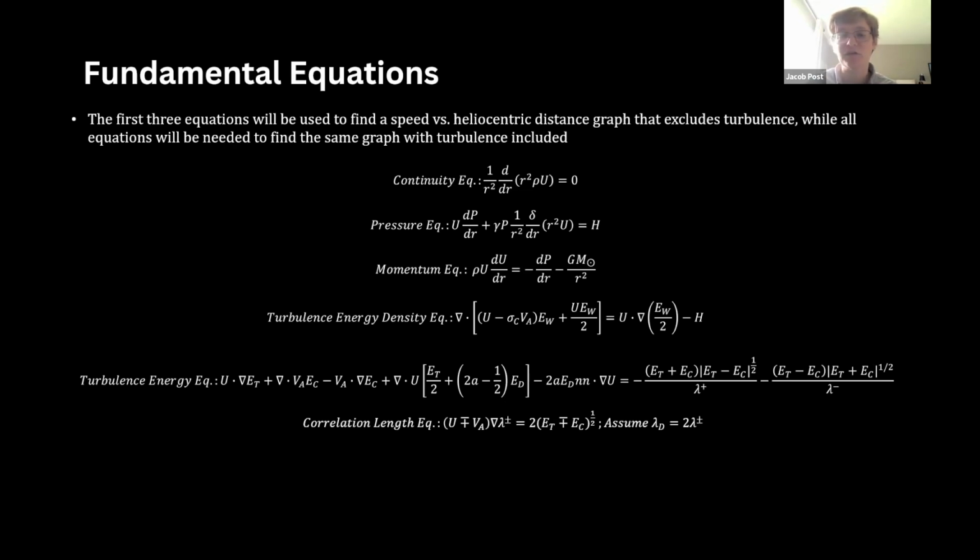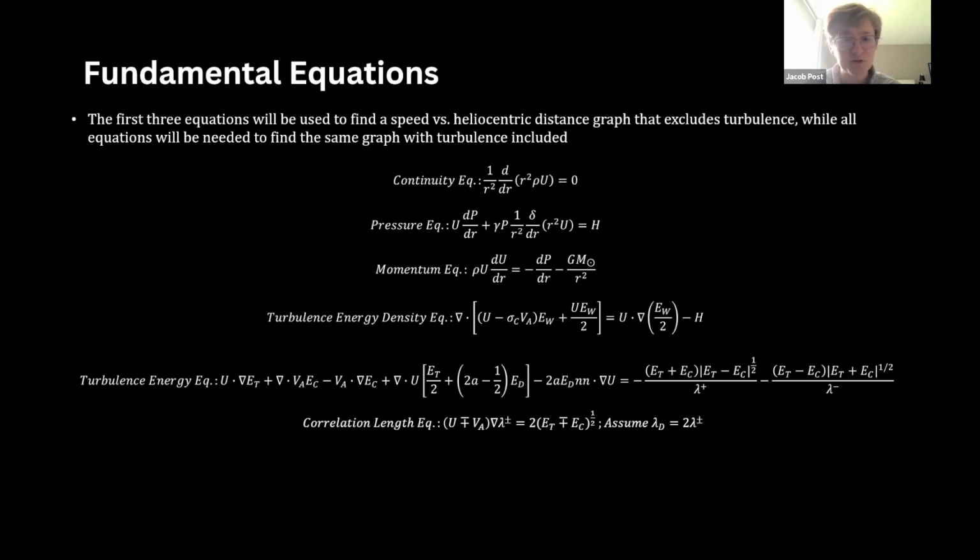Then I will have another scenario where turbulence pressure is included. At the end of my research, I'll compare and contrast the resulting graphs that I'm able to obtain from working through these two different scenarios.